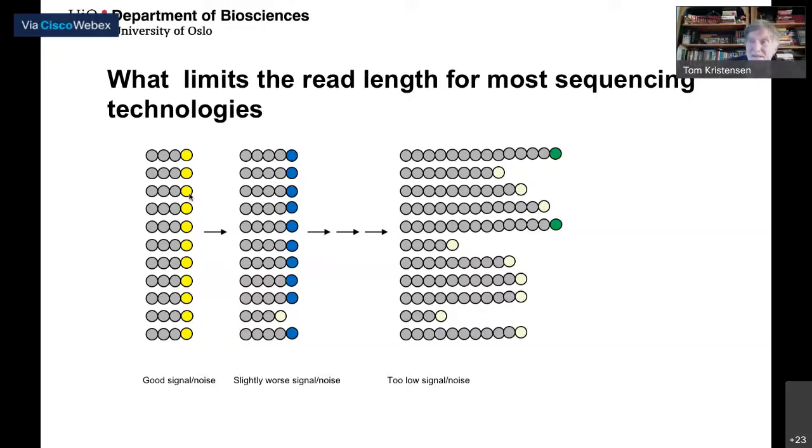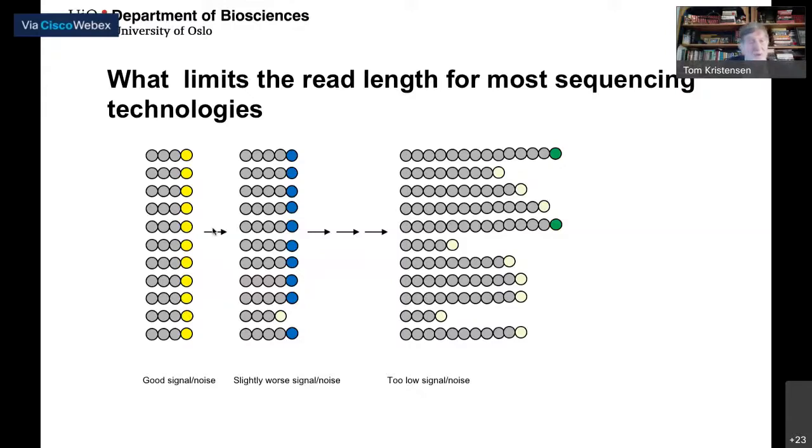They will proceed, and if they're efficient, they will go to almost 100%, but not all the way to 100%. So for each step here, we are doomed to lose a part of the signal, and in the end, the signal will be so low that we no longer can read sequence.